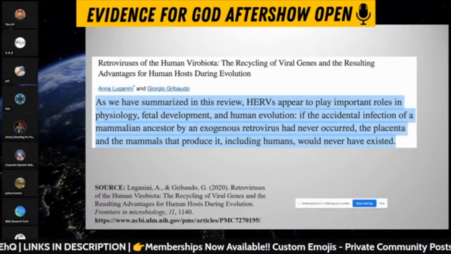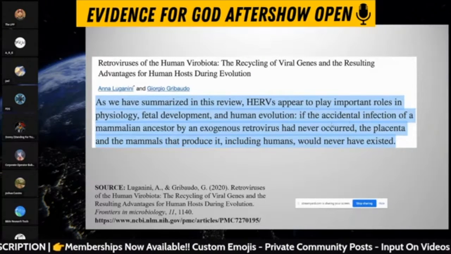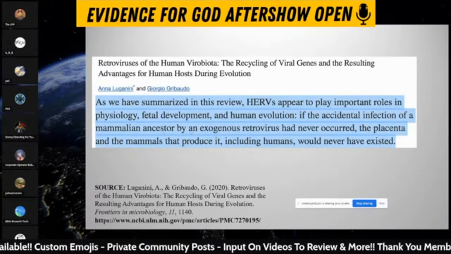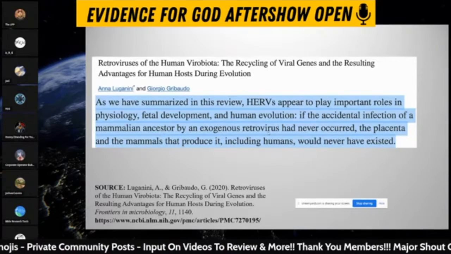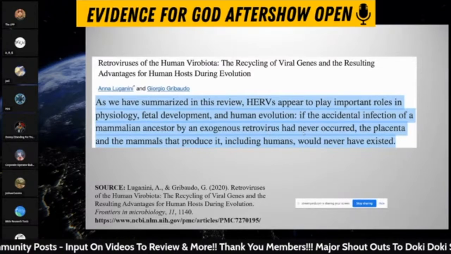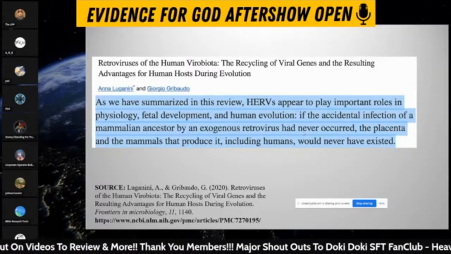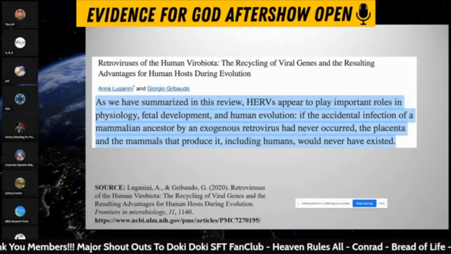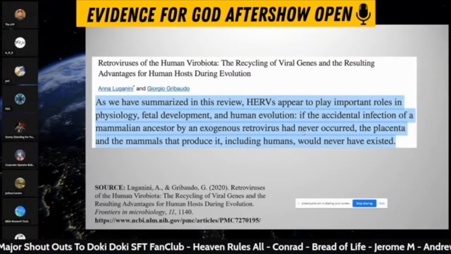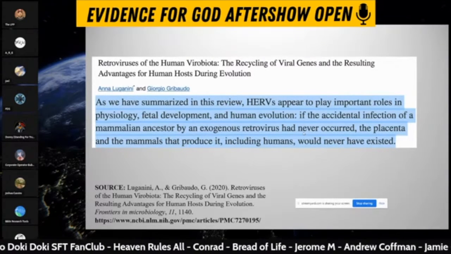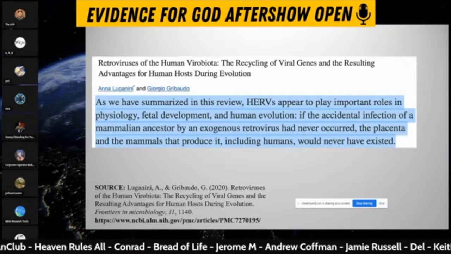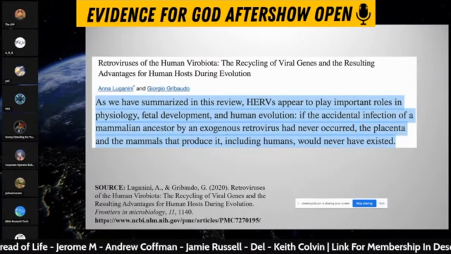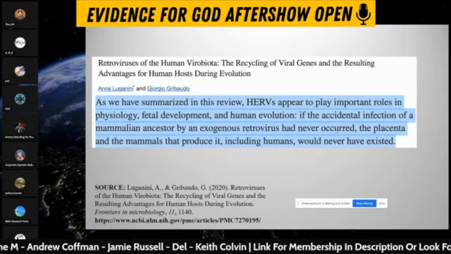If the accidental infection of a mammalian ancestor by an exogenous retrovirus had never occurred, and for context, evolutionists believe that endogenous retroviruses are essentially the ancient remnants or relics of past exogenous retroviral infections, and we can get into that later.